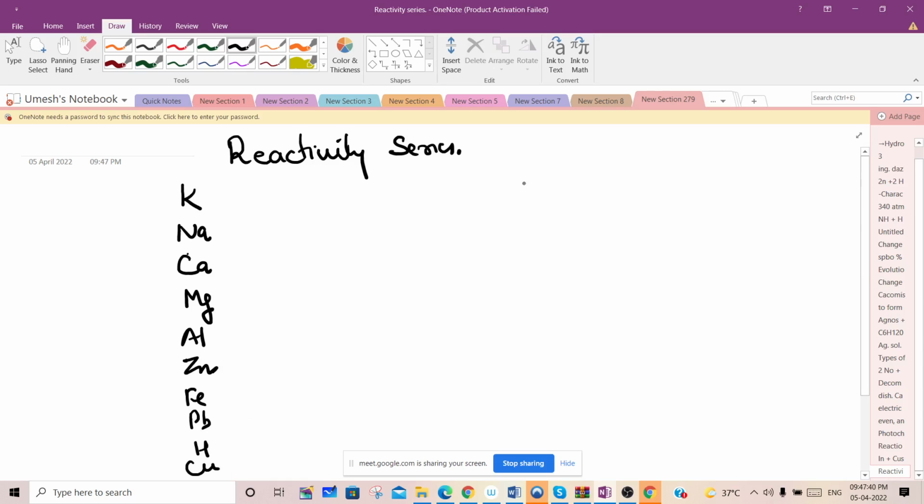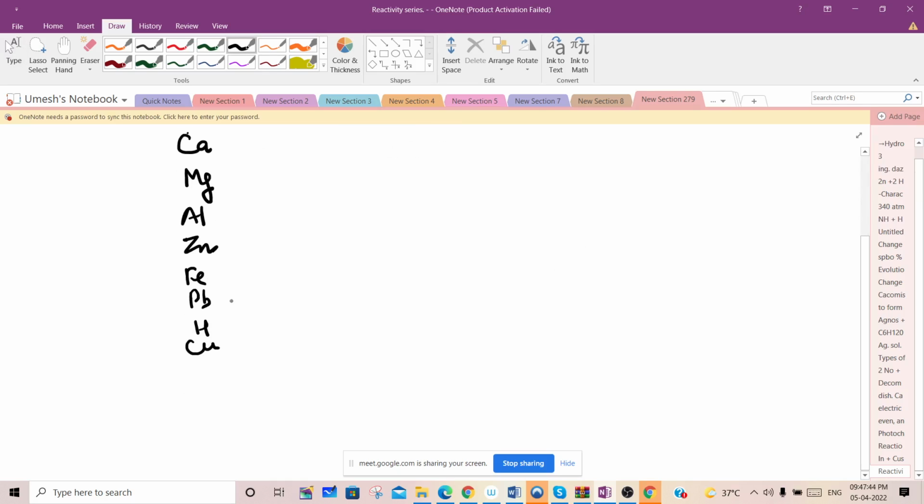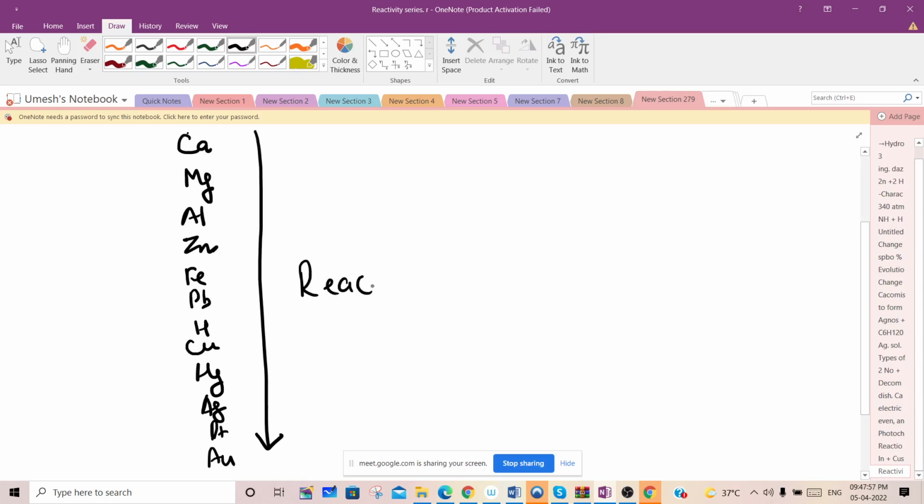Below this, I'm writing below this, mercury, silver, platinum, gold. So as you go down in this series, the reactivity decreases.